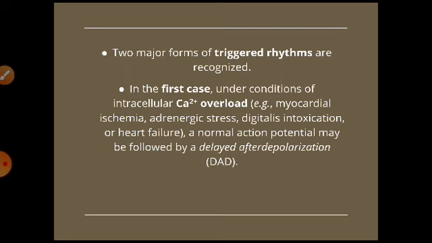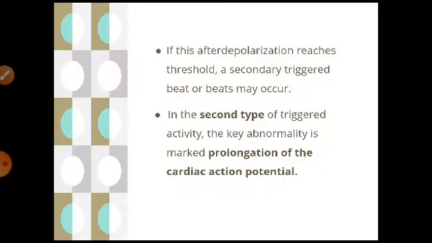So what is happening? A normal action potential generates first. It starts as a normal action potential, but once it is reaching its end, the delayed afterdepolarization happens. If this afterdepolarization reaches threshold, a secondary triggered beat or beats may occur.